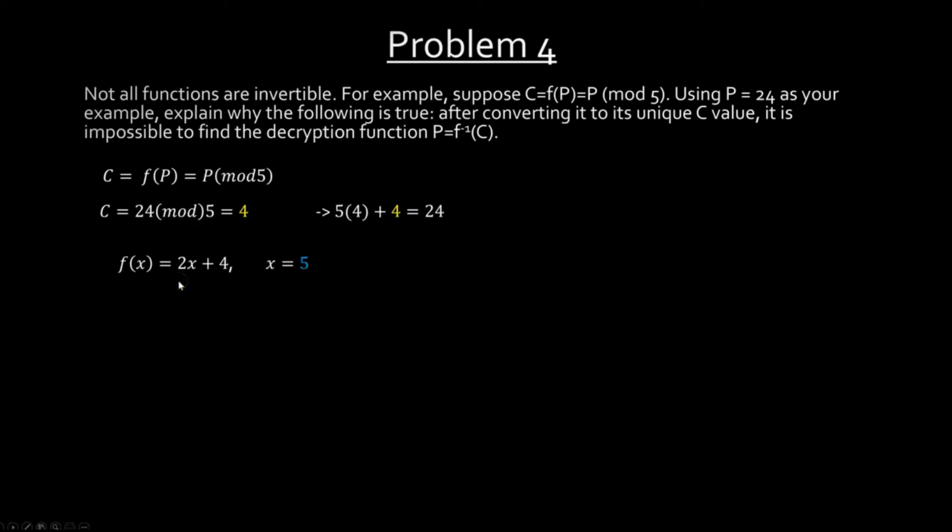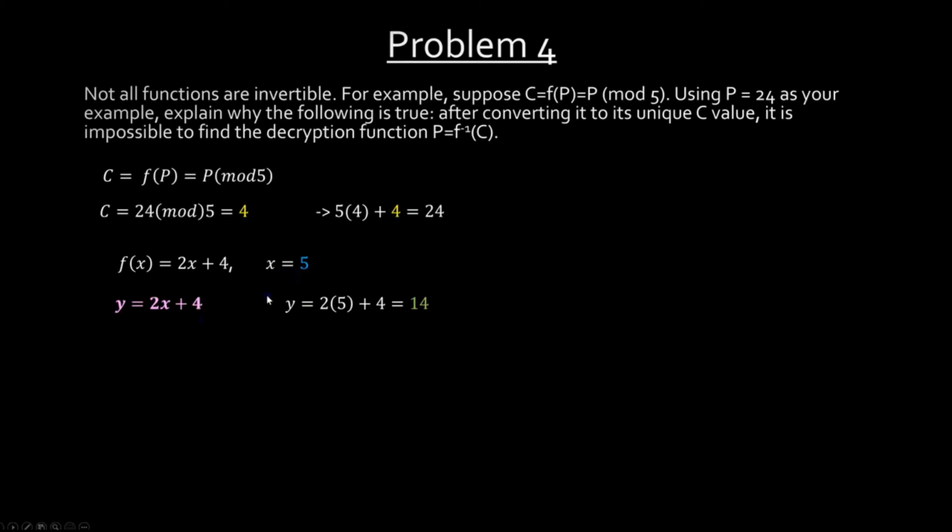So we have f of x equals 2x plus 4, and I chose x equals 5 for our example here. We're going to replace the f of x with y, just to make it easier to look at. So let's plug in that 5, and we get y equals 2 times 5 plus 4 equals 14. So our y value equals 14 when x equals 5.